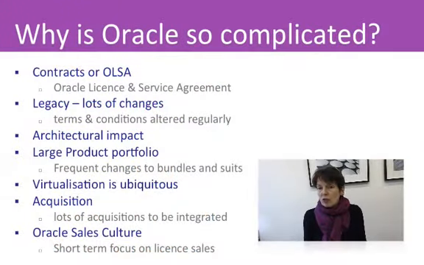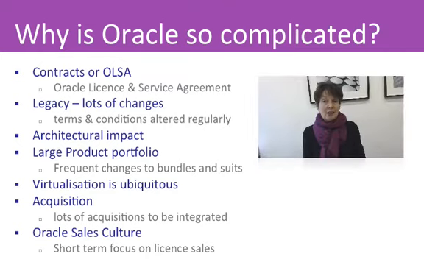Everybody thinks that Oracle's complicated, and in some respects it is, but why is it complicated? Mostly it's around some of the older stuff that you've bought, when you bought it, how long ago you bought it, and the fact that you've bought it perhaps piecemeal over a period of time.